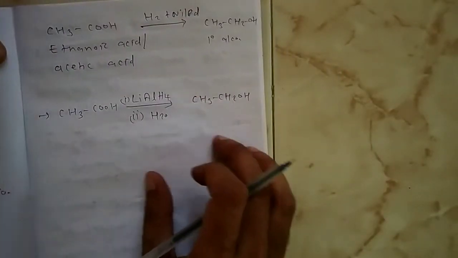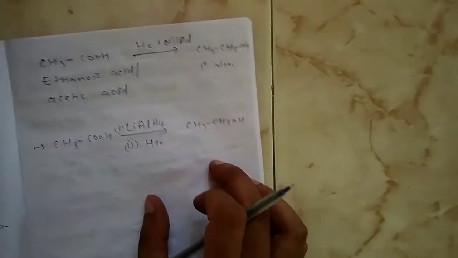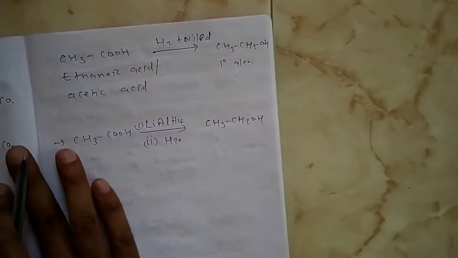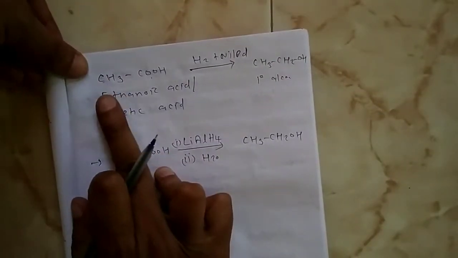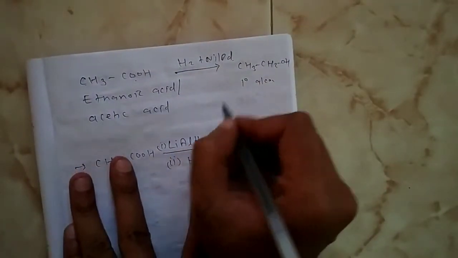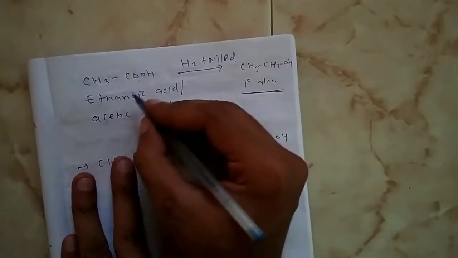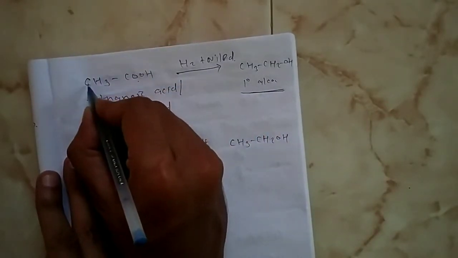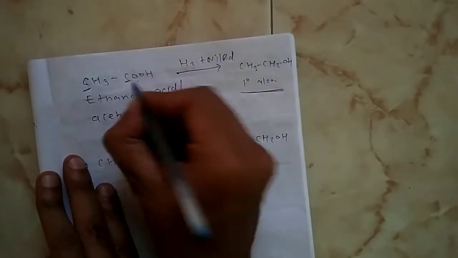Now let's take another example. Here I have taken the carboxylic acid group. You can see, when the carboxylic acid group reacts with H2/Ni/Pd, it will give you 1 degree alcohol. Just write down the alcohol of 2 carbons here.